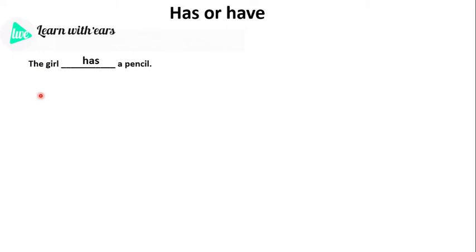Now next sentence is they, ideas. They is a plural subject. With plural subject we use have. They have ideas. Now next, we, nothing to say.